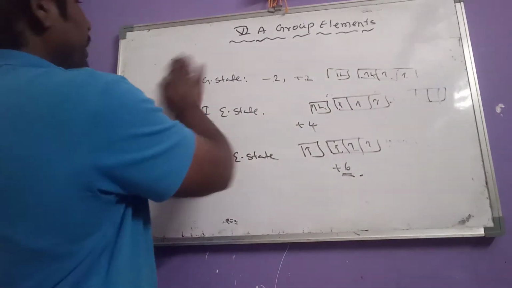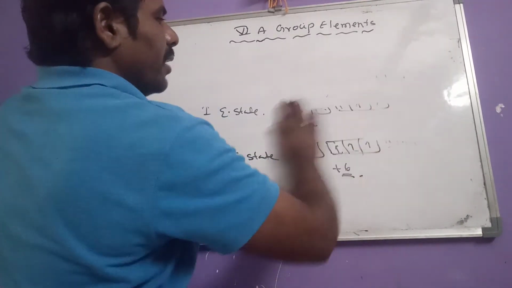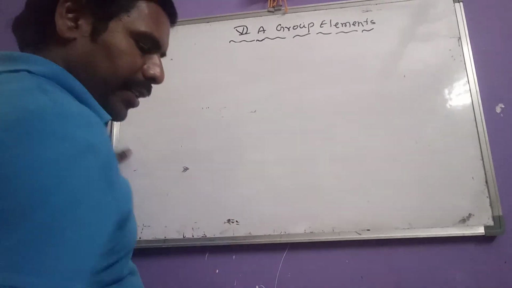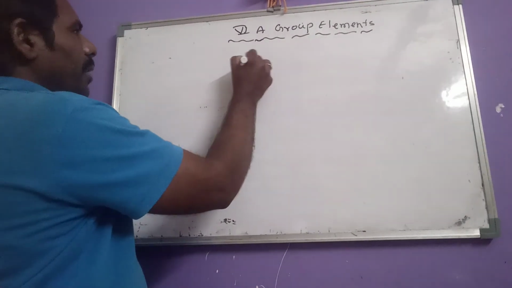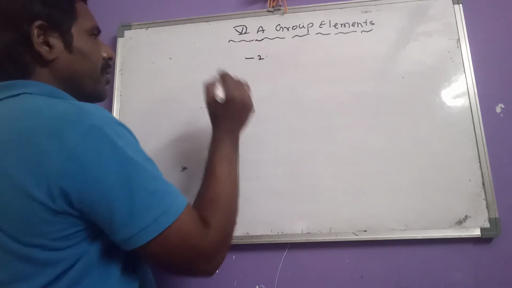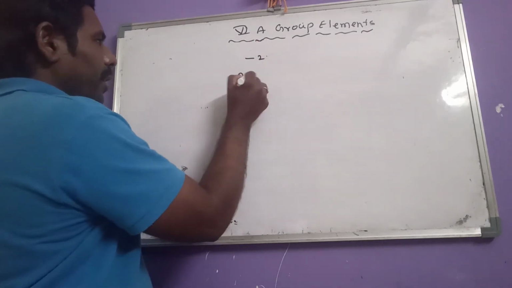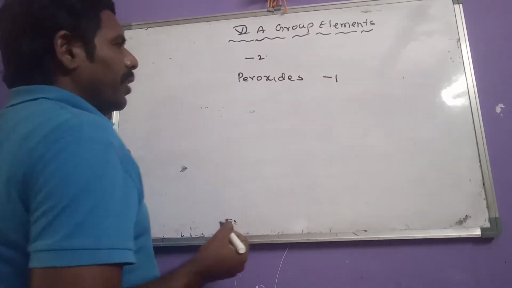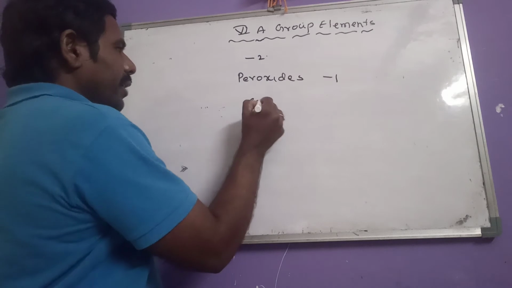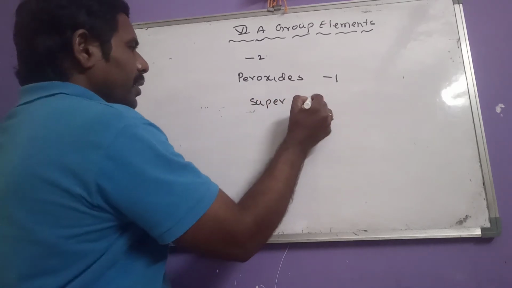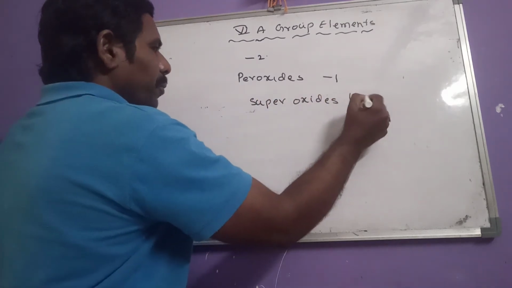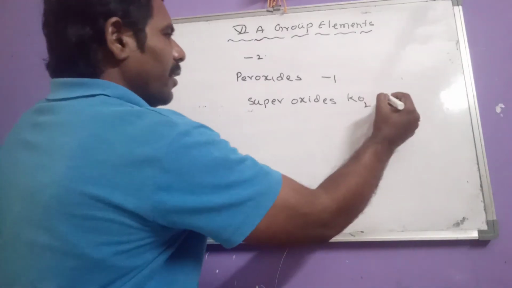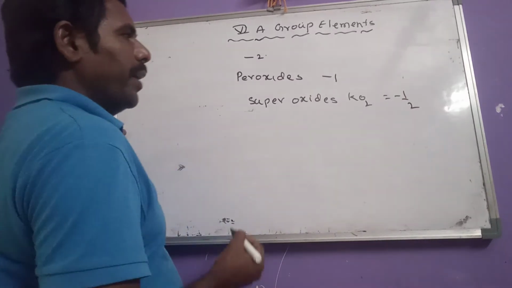And oxygen has some special oxidation states. What are the special oxidation states? Oxygen common oxidation state is -2, but in peroxides oxygen exhibits -1 oxidation state. In superoxides, for example KO2, what is the oxidation state of oxygen? It is -1/2.